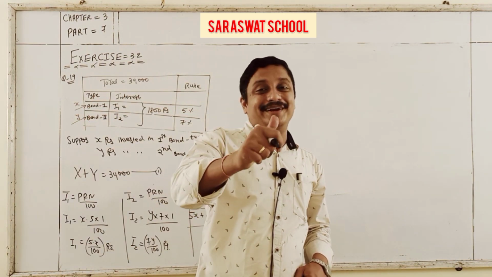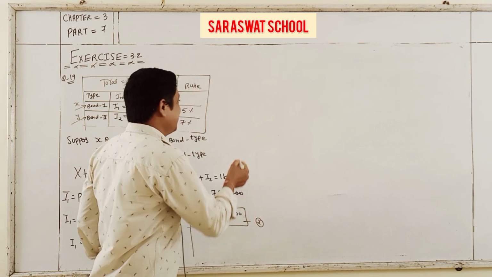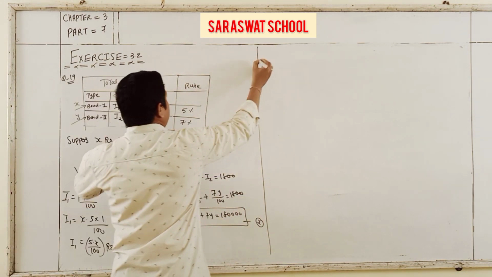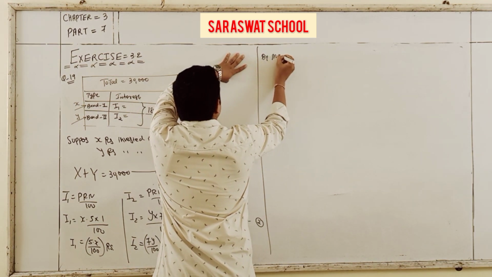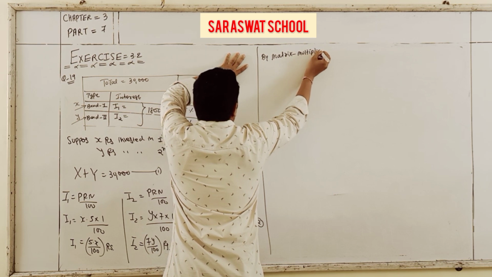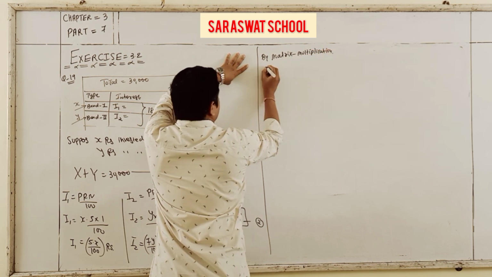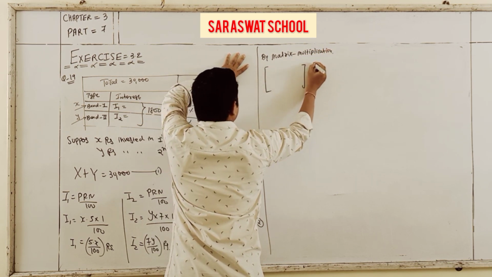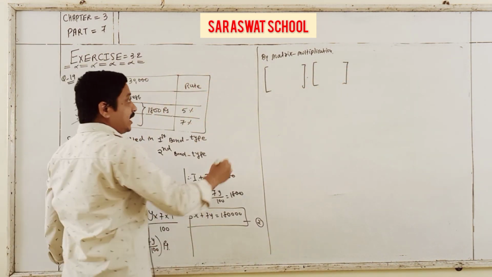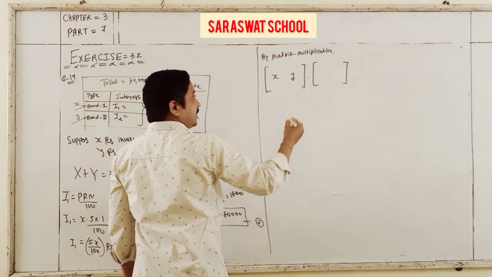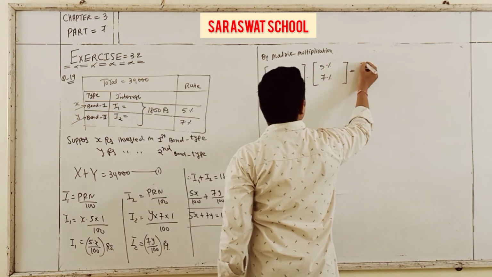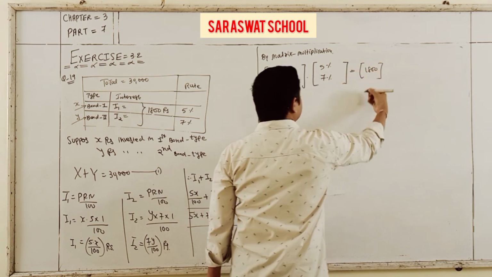Then after that, we calculate 1 and 2 and finish the sum. But the textbook solves it by matrix multiplication, that's why I made this equation again by matrix multiplication. You just need to know the matrix product: X amount invested and Y amount invested at the rate of 5% and 7% earns interest of 1800 rupees.